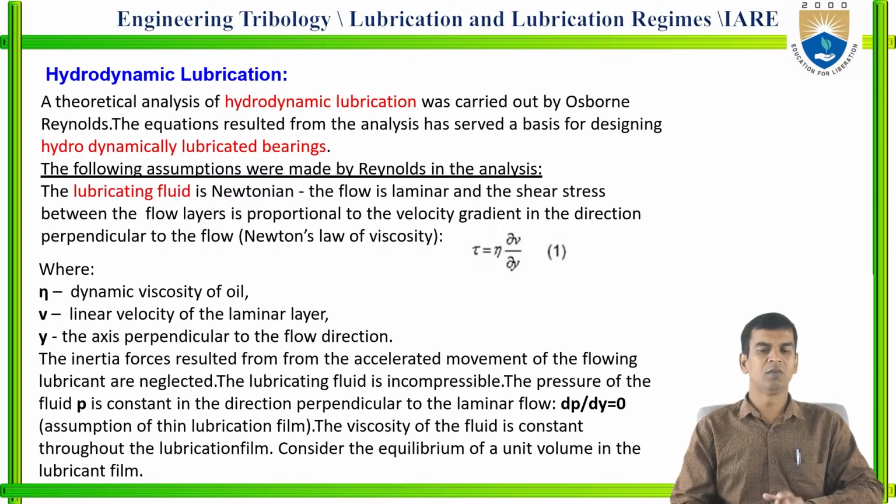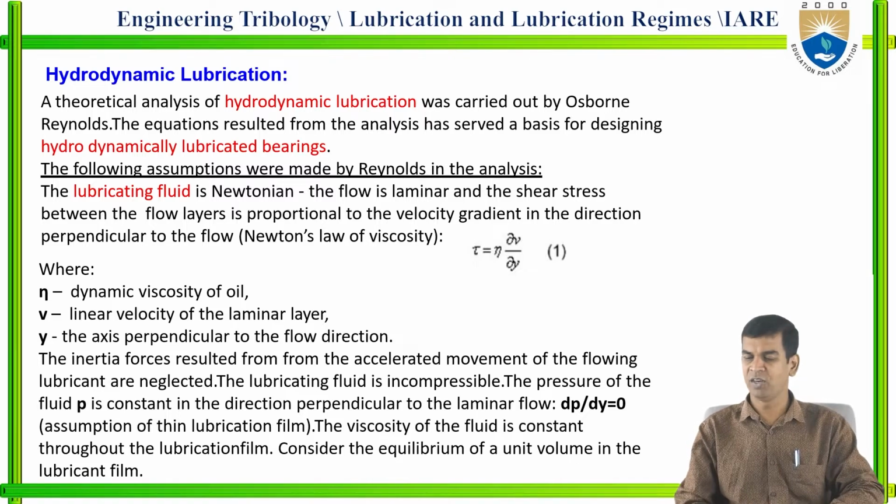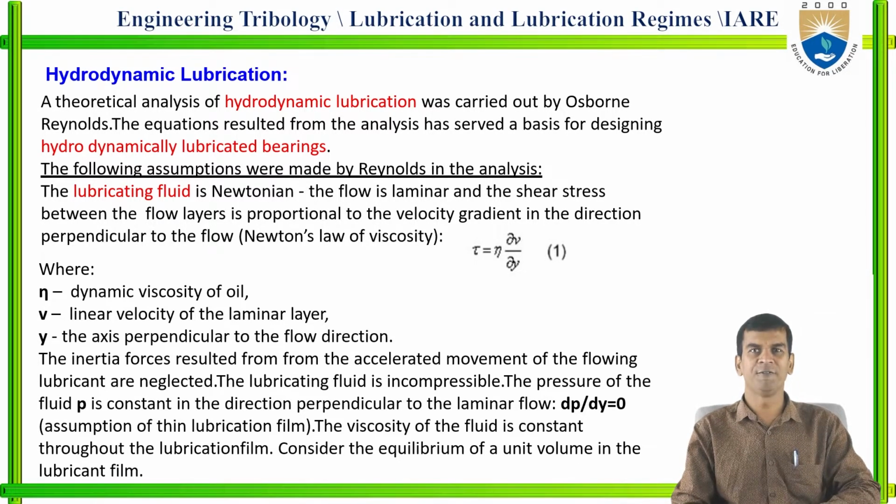Okay, what are the assumptions made in the Reynolds equation? The lubricating fluid is a Newtonian fluid. The flow is laminar, and the shear stress between the flow layers is proportional to the velocity gradient in the direction perpendicular to the flow.